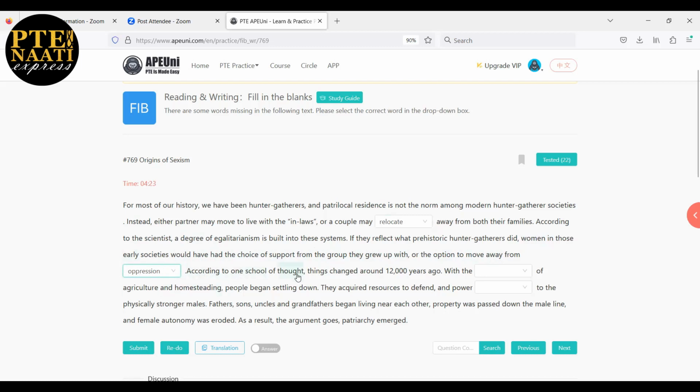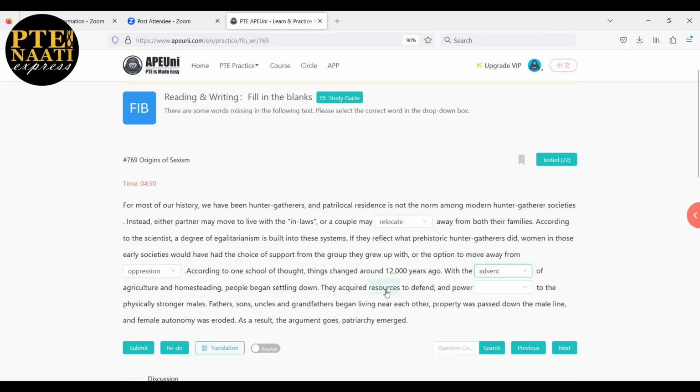According to one school of thought, things changed around 12,000 years ago. With the advent of agriculture and homesteading, people began to settle down.